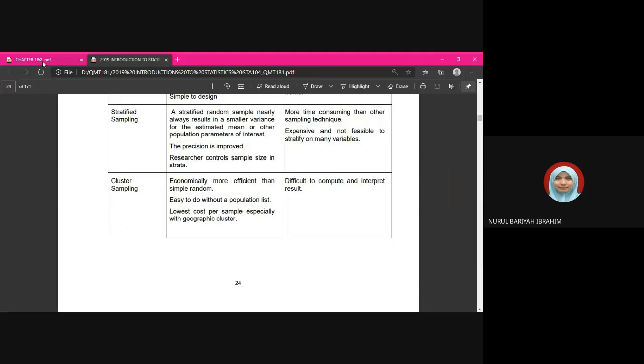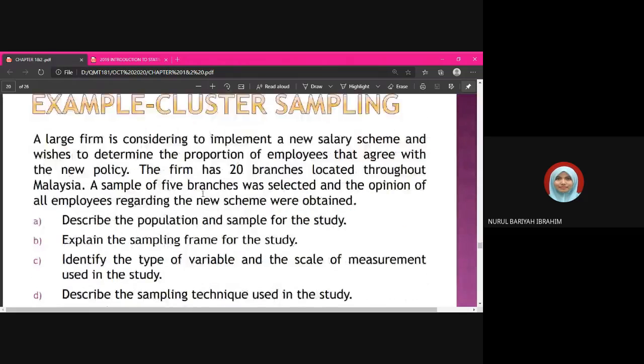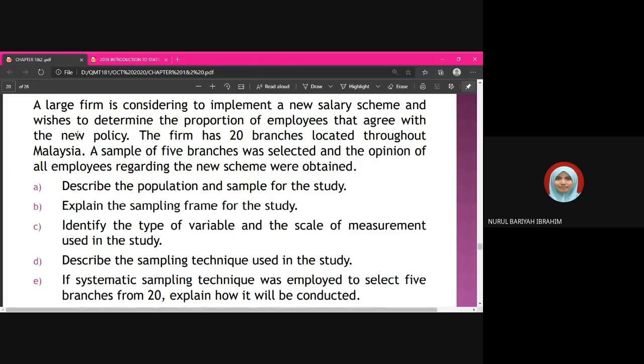Okay. Here, look at the example of cluster sampling. A large firm is considering to implement a new salary scheme and wishes to determine the proportion of employees that agree with the new policy. The firm has 20 branches located throughout the Malaysia. So this is the large population.